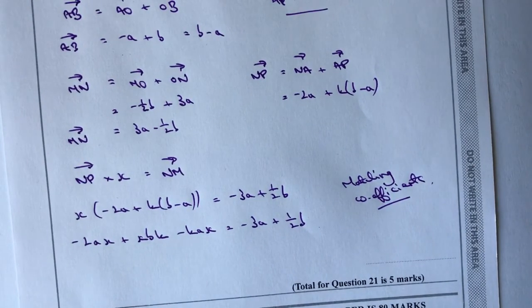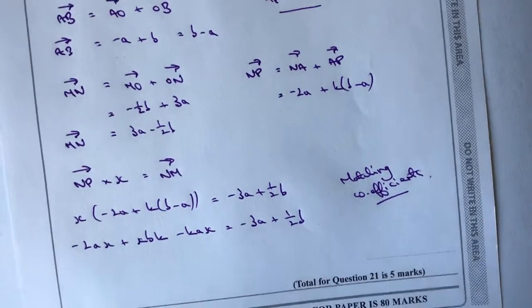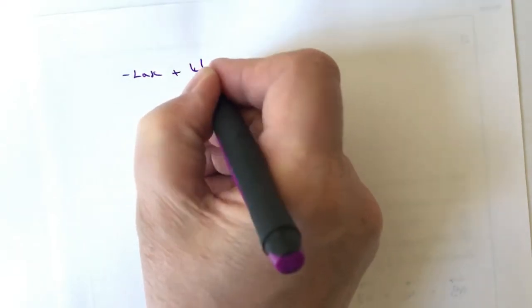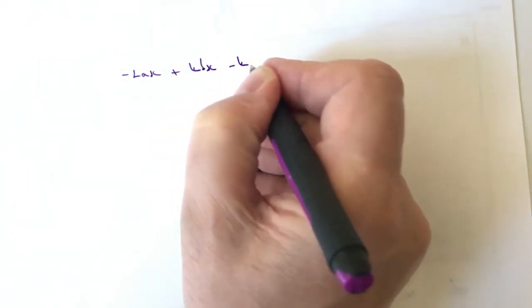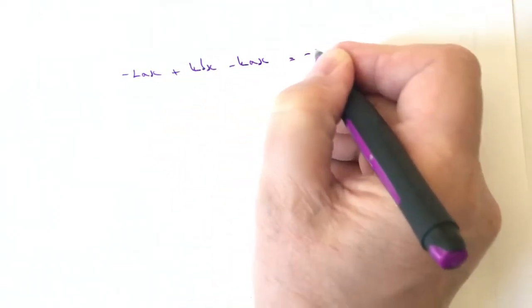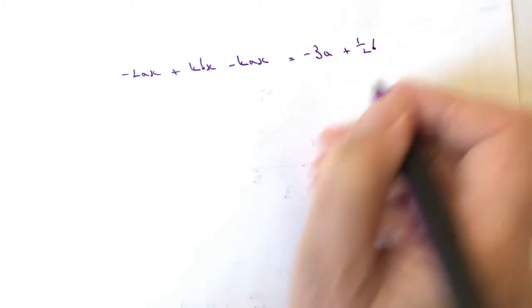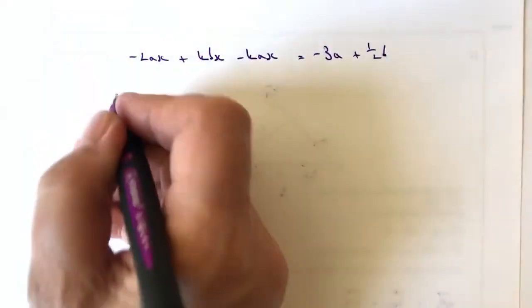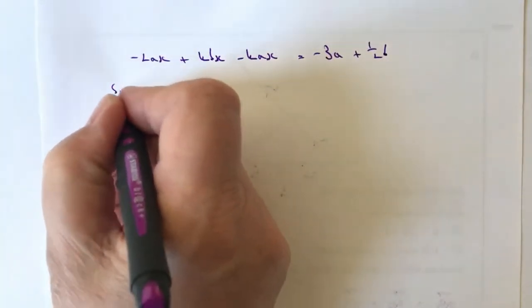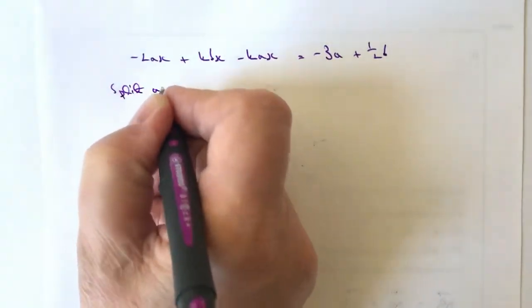The first thing I'm going to do is just turn this over. What we've got then is minus 2ax plus kbx minus kax equals minus 3a plus a half of b. Now, very tricky to work through, but let's have a look at splitting the coefficient of a's.